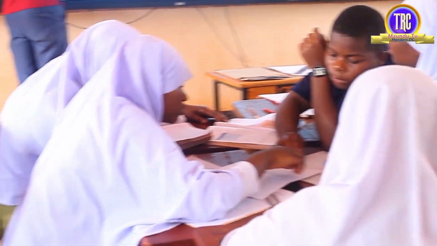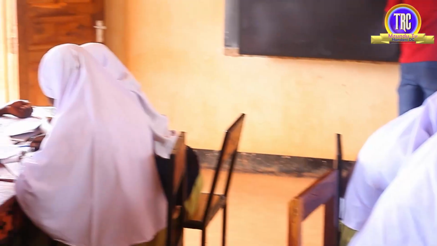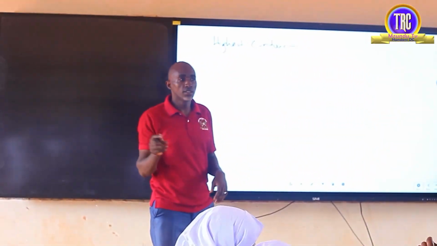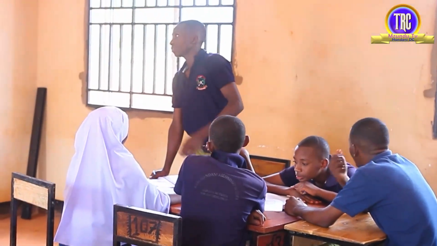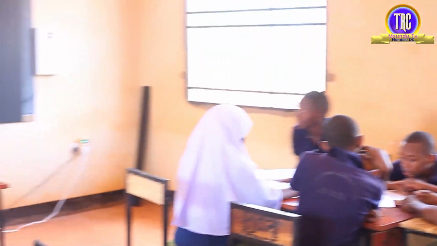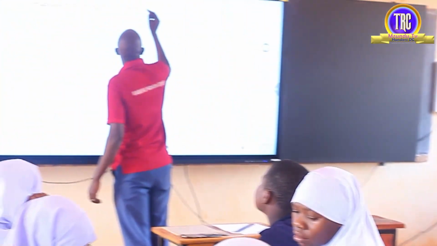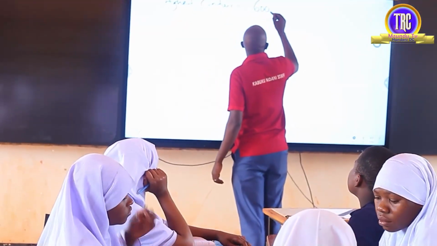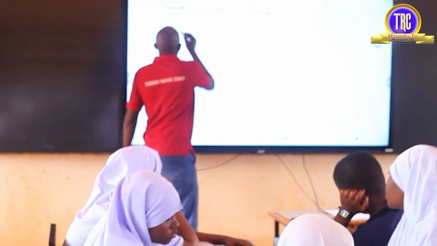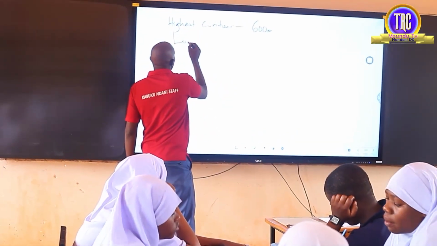Highest contour, observe it. The highest contour observed is 600. Very good. This is 600, and this should be meters. Now we have to identify the lowest contour.